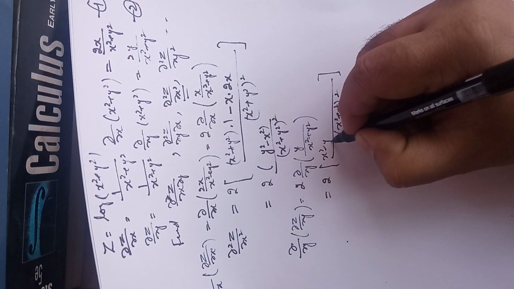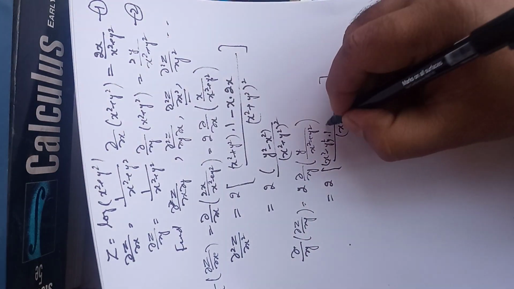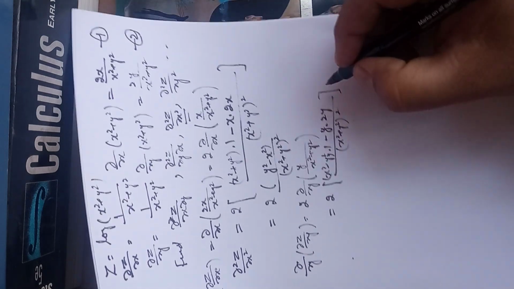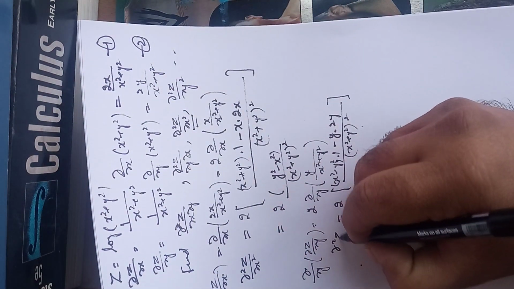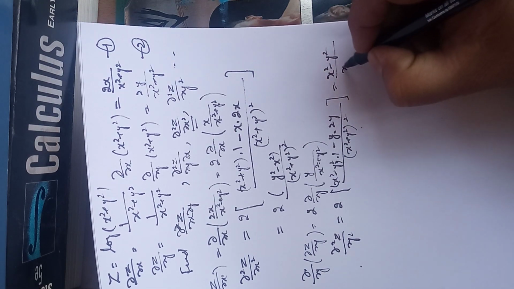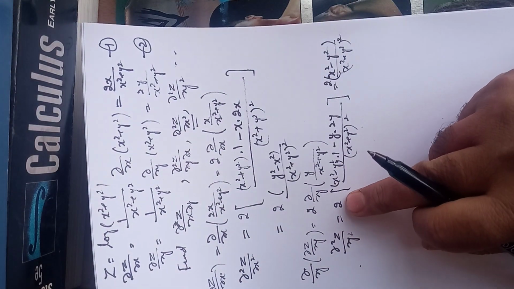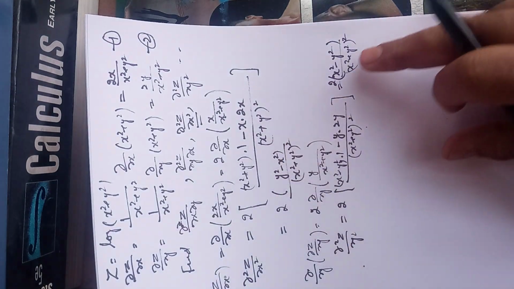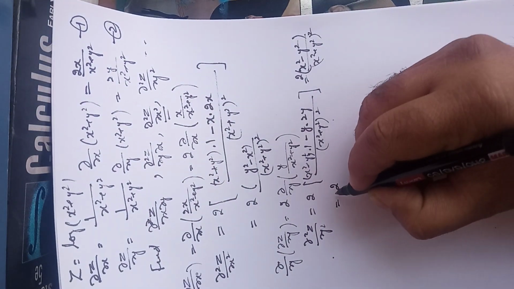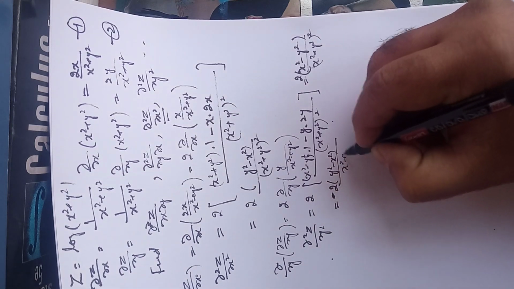Now x square plus y square as it is, the derivative of y is 1 because we are differentiating with respect to y, minus y as it is, the derivative of x square plus y square with respect to y, which is 2y. So the solution is x square minus y square upon x square plus y square whole square, twice. The 2 is outside. This is y square minus x square, this is x square minus y square. You can also write it as twice minus y square minus x square upon x square plus y square whole square.